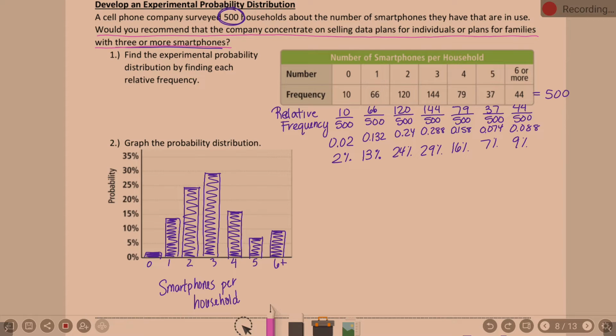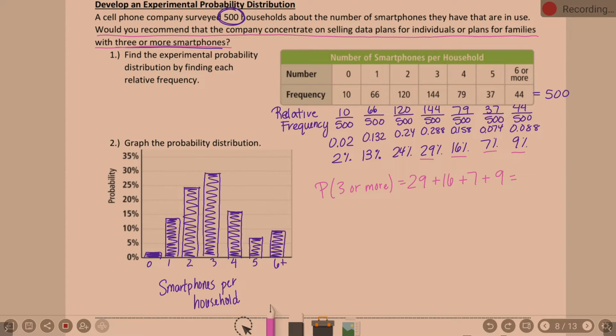What is the probability that a family has 3 or more smartphones here? 3 or more is going to include which numbers? 4, 5, 6, and 3. Okay. 4, 5, 6, and 3, because it's 3 or more, yes? Yep. So if we look at the probability of 3 or more, so that means you're taking 29 plus 16 plus 7 plus 9.